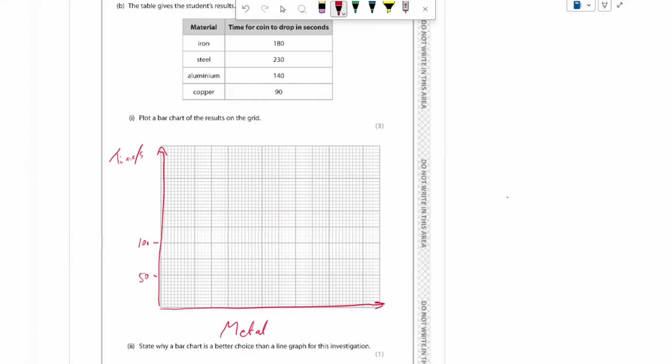Obviously do this with a bit more care than I'm doing now. Iron 180.